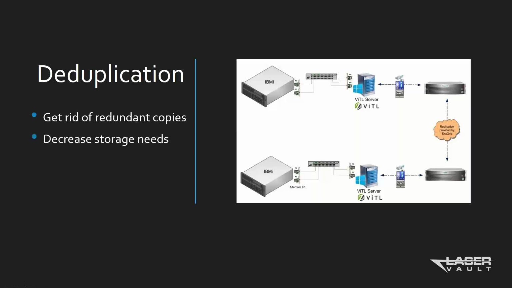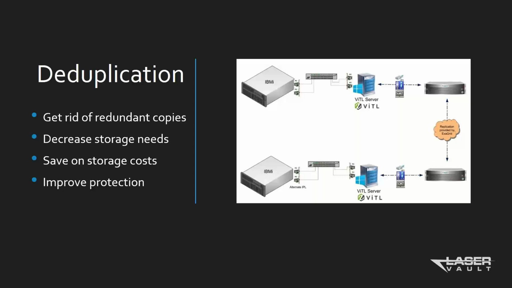So a little bit about data deduplication. Data deduplication involves getting rid of and not having to save redundant copies of your backups, specifically block level data deduplication. Blocks that contain data that's already been saved don't have to be saved again.